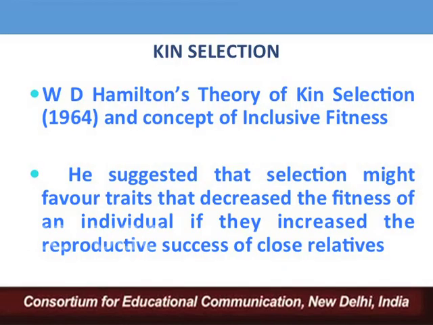Now, the first person who focused entirely on this aspect of natural selection was W.D. Hamilton, who proposed the theory of kin selection and the concept of inclusive fitness in the year 1964. He suggested that selection might favor traits which decrease the fitness of an individual if they increase the reproductive success of its close relative.